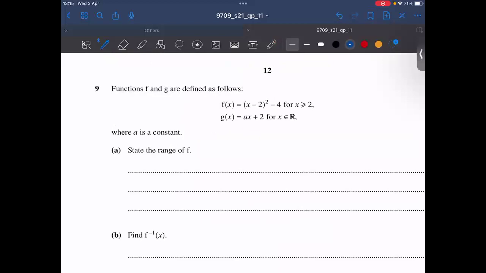State the range of f. So this is a quadratic function, f of x, and if you extract the coordinates of the turning point, it's going to be 2, minus 4, and you have the domain defined for x greater than or equal to 2. So you can just sketch this section of the curve.